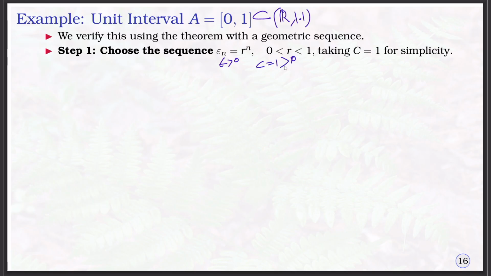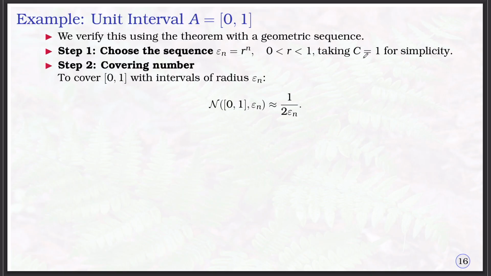Anything greater than 0 we can take, but for simplicity I am taking c equal to 1. Then the number of boxes required to cover the interval [0, 1] with radius epsilon n is inversely proportional to 1 by 2 epsilon n.